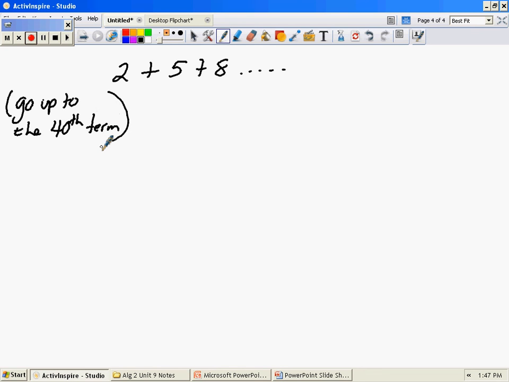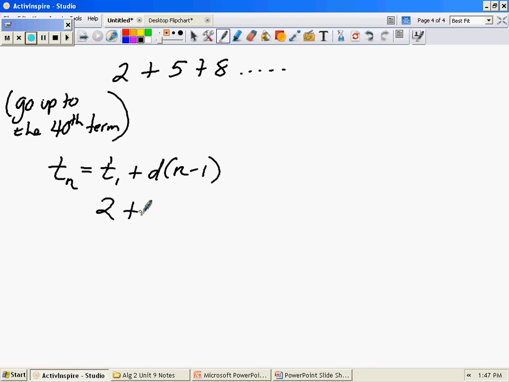All right, well, let's go ahead and do our sigma notation. First of all, we know this is arithmetic. So step 1, it's arithmetic. Step 2, let's use our nth term formula. So Tn equals T1 plus D times n minus 1. All right, so what can I plug in here? T1 is 2. What's D?